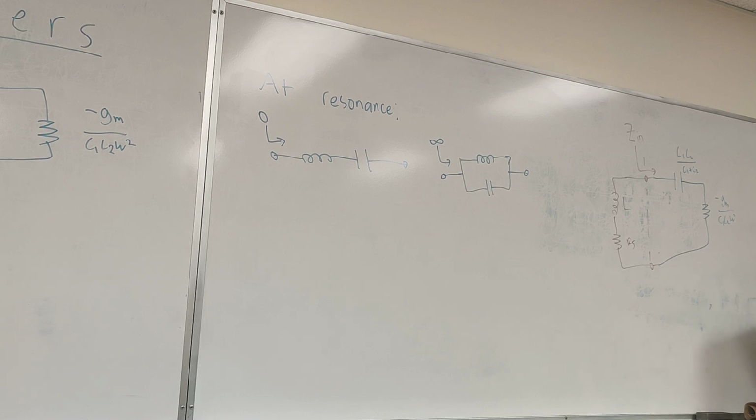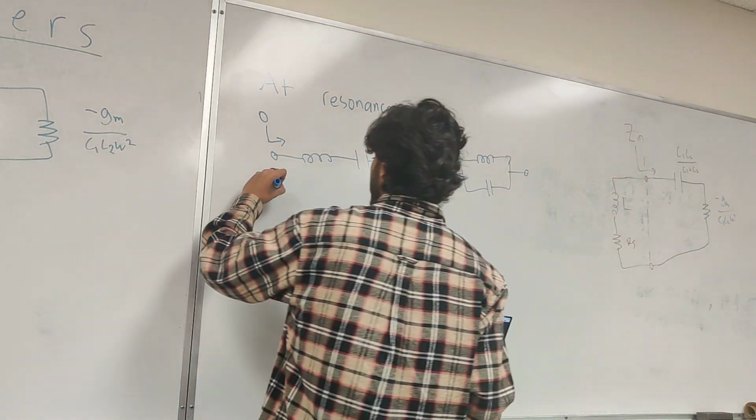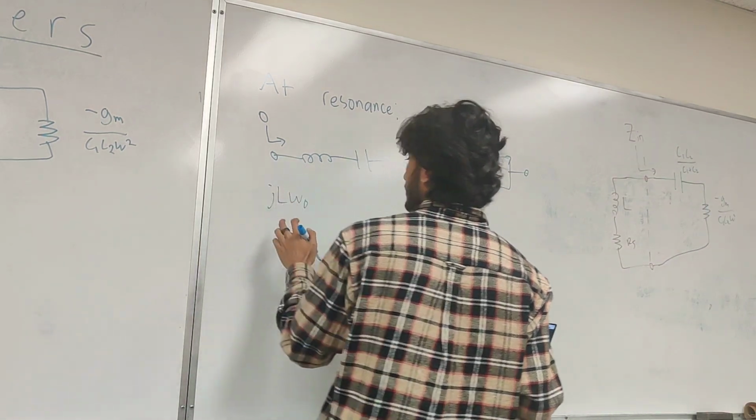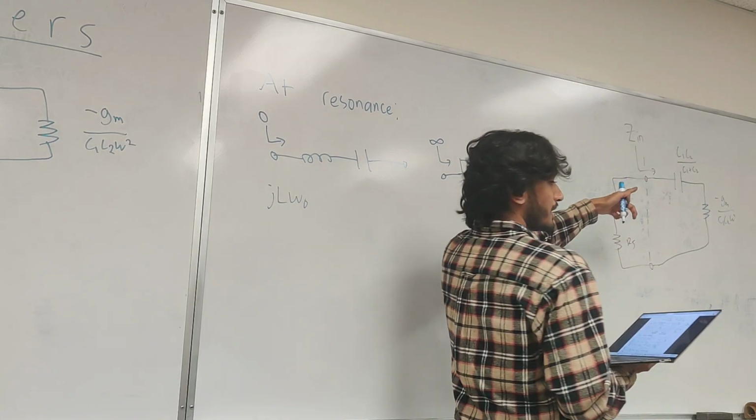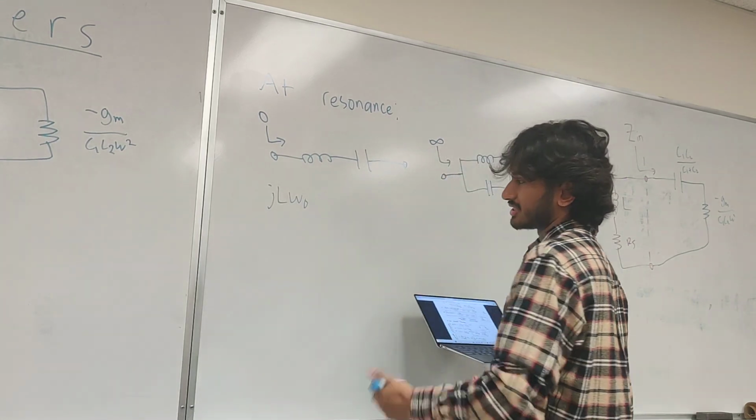So now when this resonates, we expect these two to cancel each other out, right, because they're in series. So at resonance now, this is positive and then the capacitors will be negative, or you can do vice versa, the sign doesn't matter.